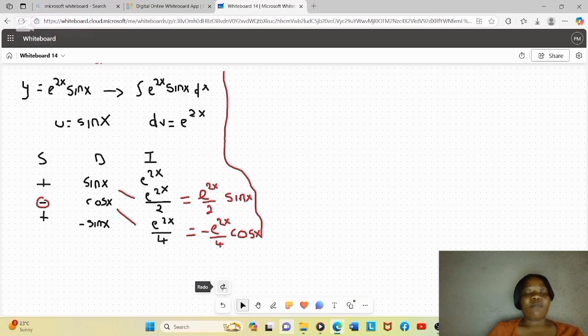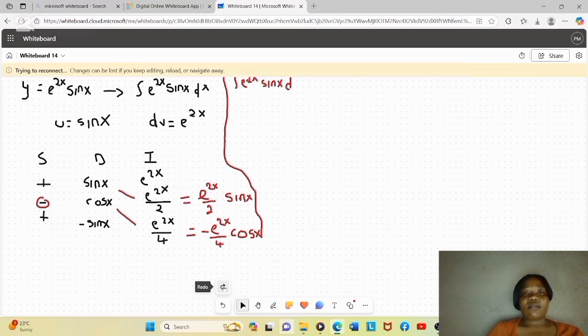Then from here we just plug everything into our formula. We're going to have the integral of e to the power 2x sine x dx equals e to the power 2x over 2 times sine x minus e to the power 2x over 4 times cos x.